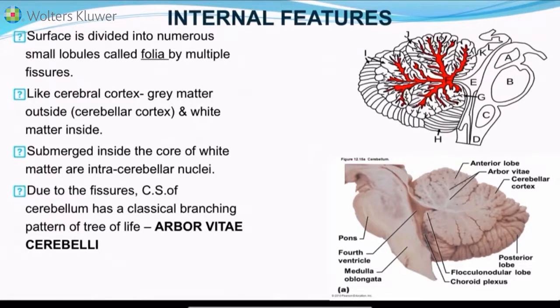If you look at the red colour marked area in the upper diagram, you can make out a tree branching pattern which is known as arbor vitae cerebelli. This terminology I'm sure you heard in an earlier session, when you were studying another organ, and that is arbor vitae uteri.